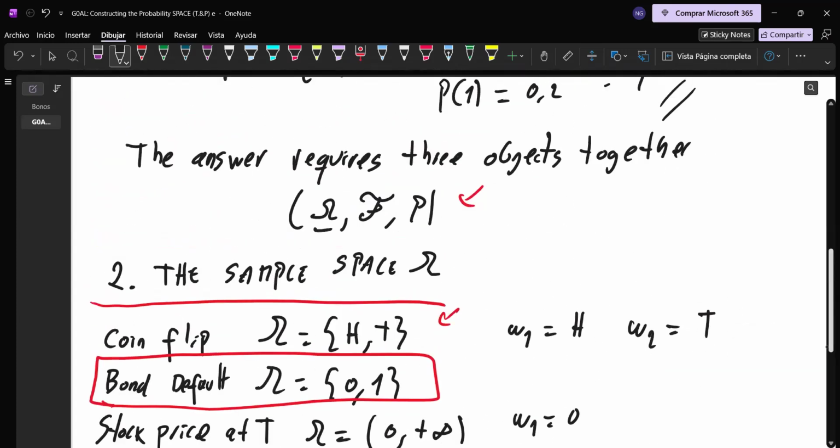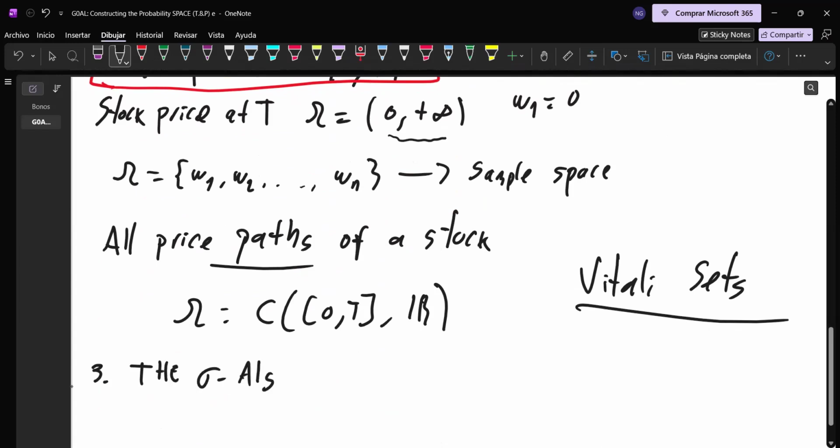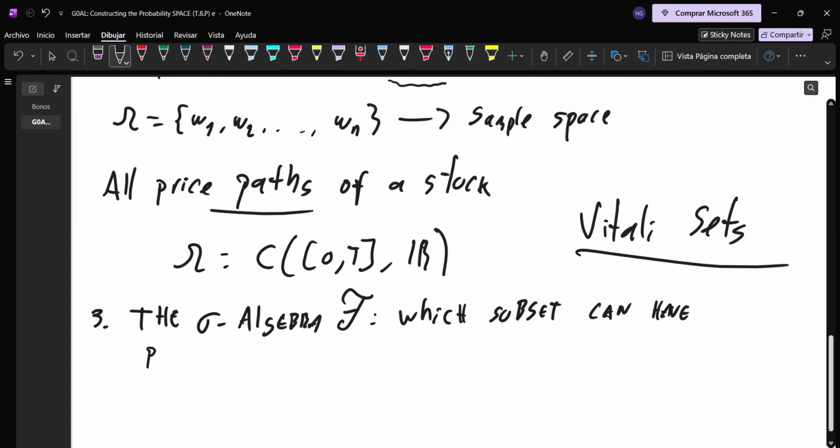And this is the second object, F. So I'm trying to say this is the sigma algebra F. And the question is which subsets can have probability. This is the main question.